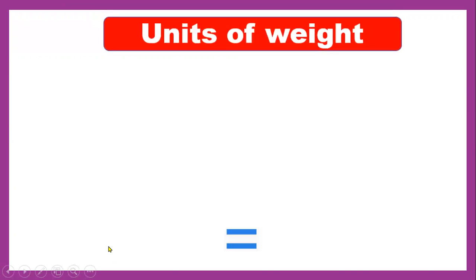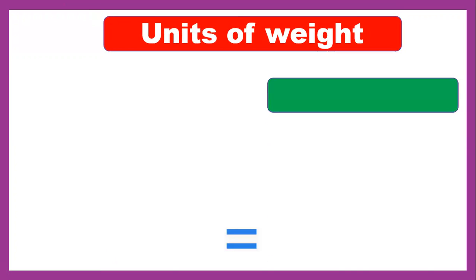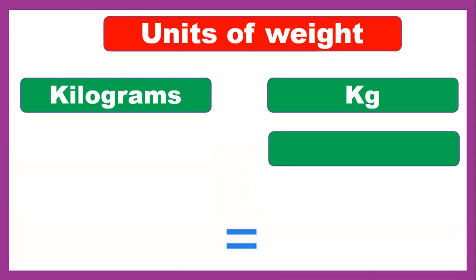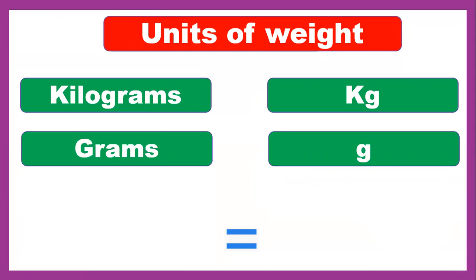Now I'm going to tell you the units of weight. The units of weight are kilograms and grams. The kilogram you can write in short form as kg. K means kilo and g means gram.